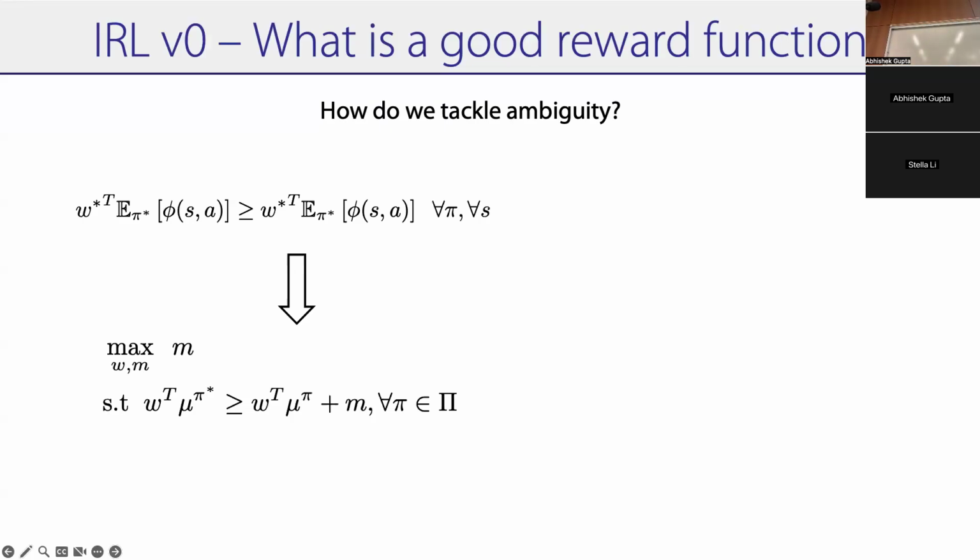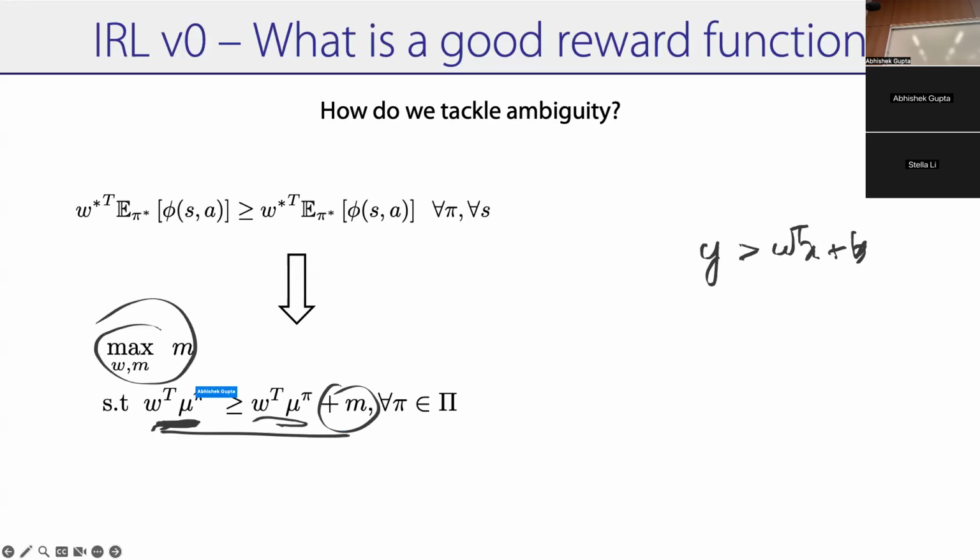You can think of this as your linear classifier, where y is equal to W transpose x plus b. It's a similar deal, but you want a margin, which means the features under pi star are better than the features under pi by some amount, and you want to maximize that amount, right?